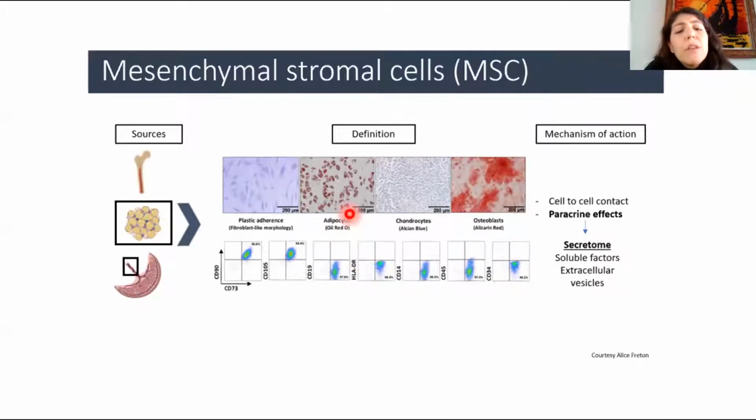Also are capable of differentiating in vitro into adipocytes, chondrocytes, and osteoblasts. The main mechanism of action is due to the paracrine effects by secreting soluble factors and extracellular vesicles.